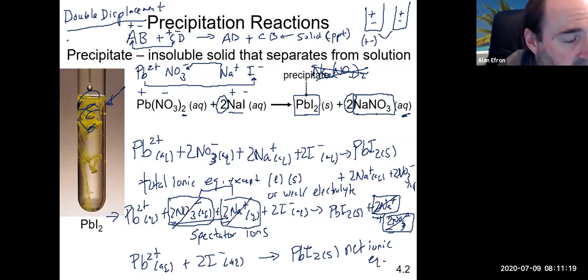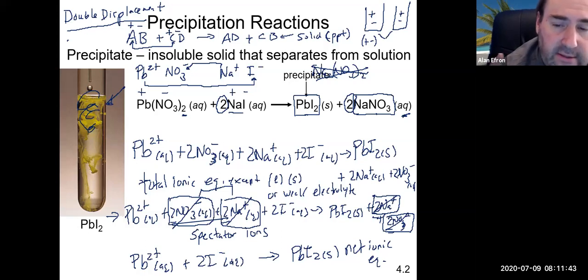There are strong electrolytes, right? And those 100% break apart in solution into ions. When you have a strong electrolyte, you no longer have any of the whole unit still together. 100% of it is ions. A weak electrolyte, on the other hand, mainly stays together when it's in solution, but is still able to produce a little bit of ions.